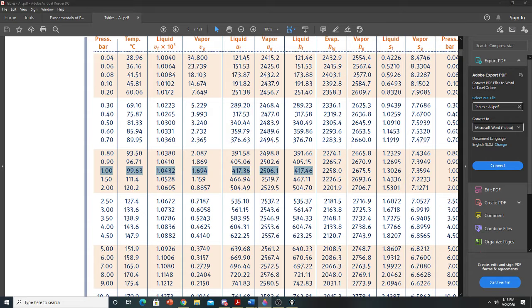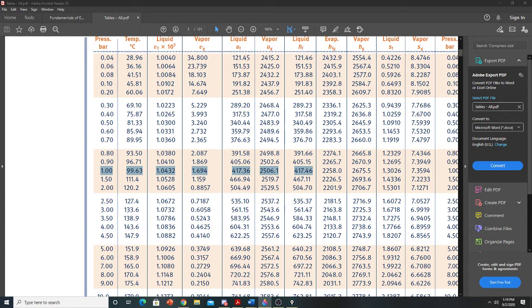So 417.36 plus 0.5 times, and then the saturated vapor value right here, U sub g, is 2506.1.